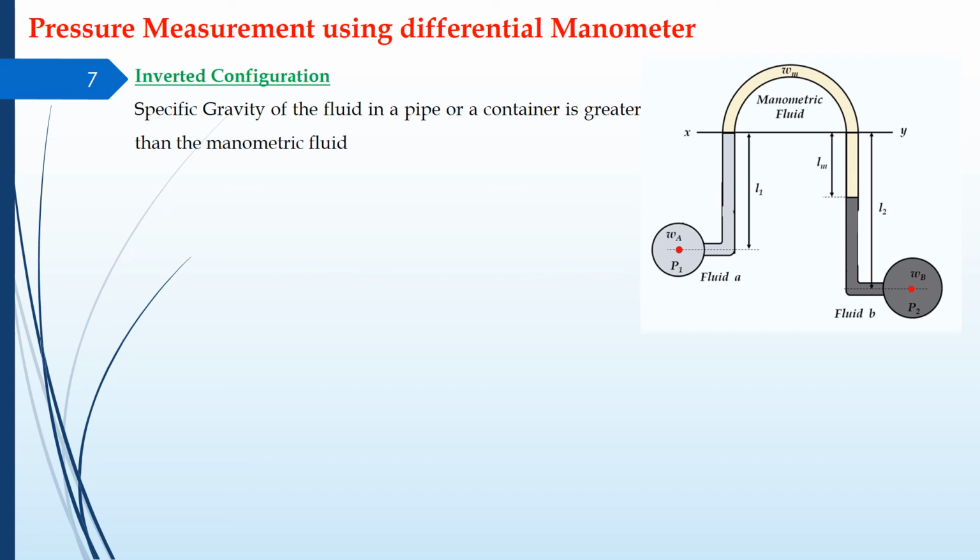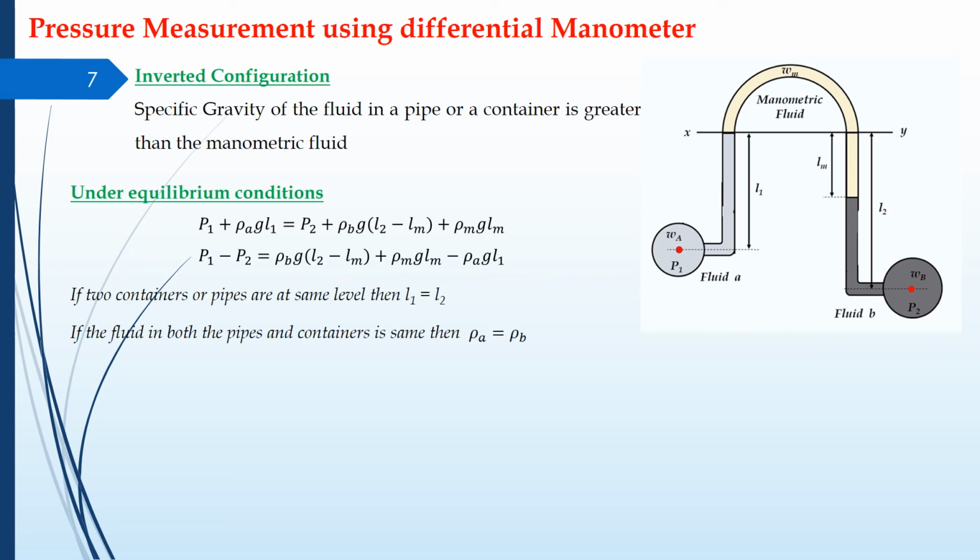And again, the pressure at this plane will be constant, since here we have the same density fluid. And we will again try to balance the pressure in both the columns, using the same principle which we have used earlier, and we will ascertain that under equilibrium conditions the pressure over here, P1, plus the pressure due to this liquid column will be equal to the pressure over here plus the pressure due to this liquid column plus the pressure due to this liquid column.